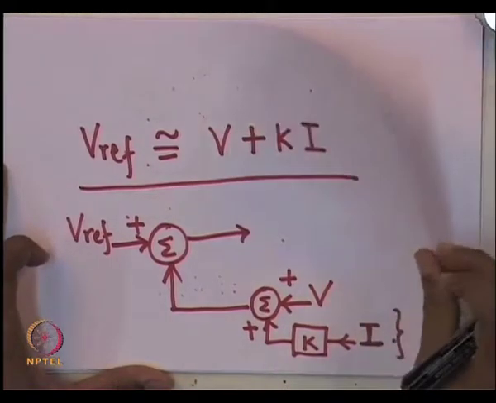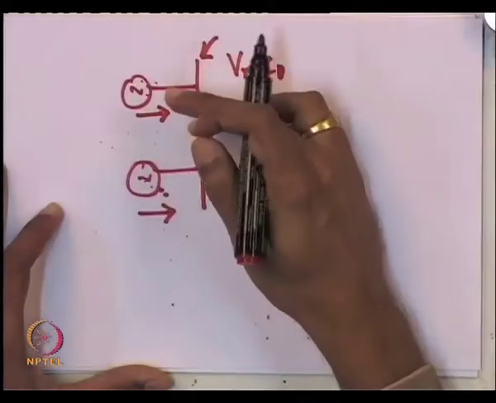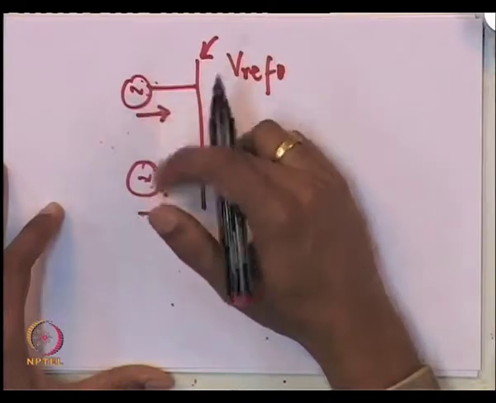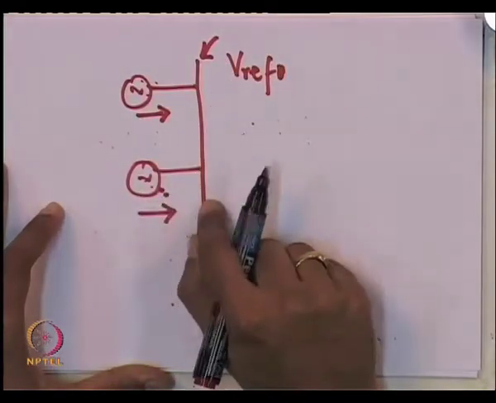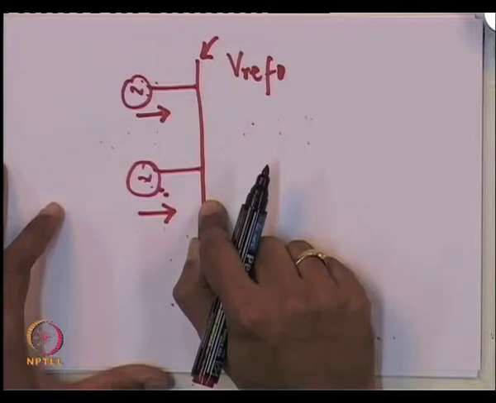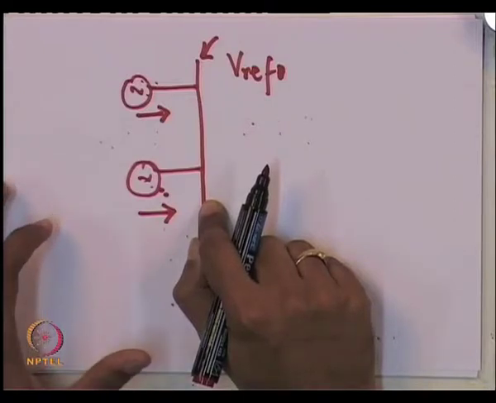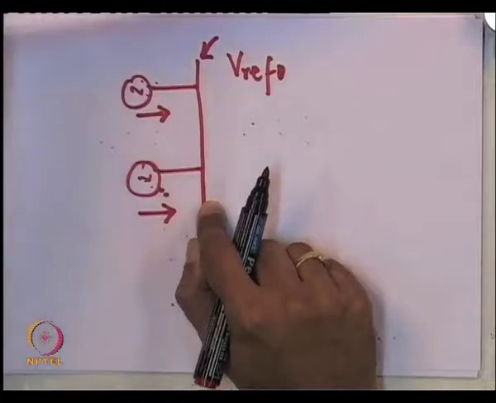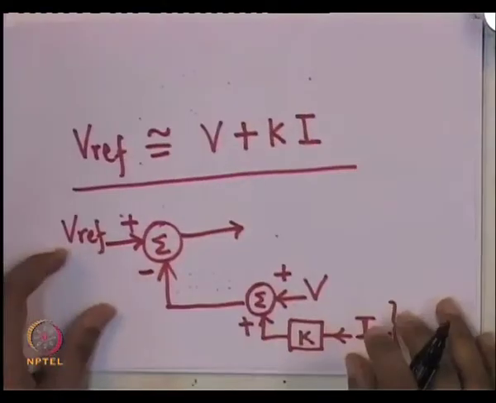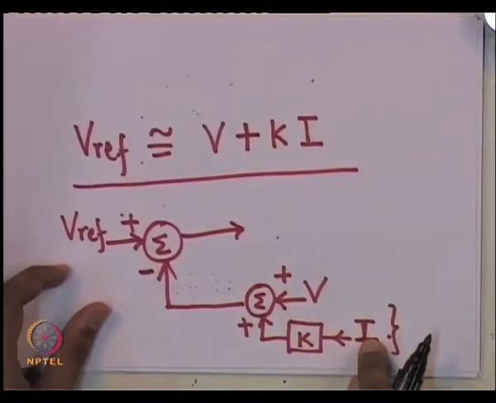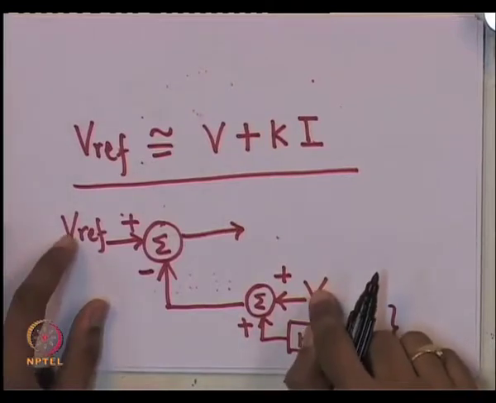The reason it is done is that you can then impose a sharing between these two generators. If one generator supplies more current, okay, automatically what is done is that this becomes larger.